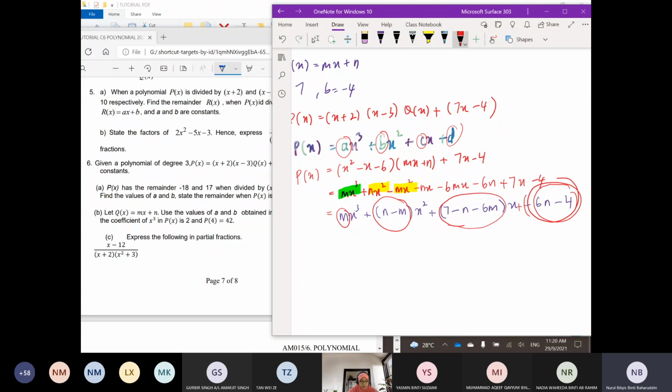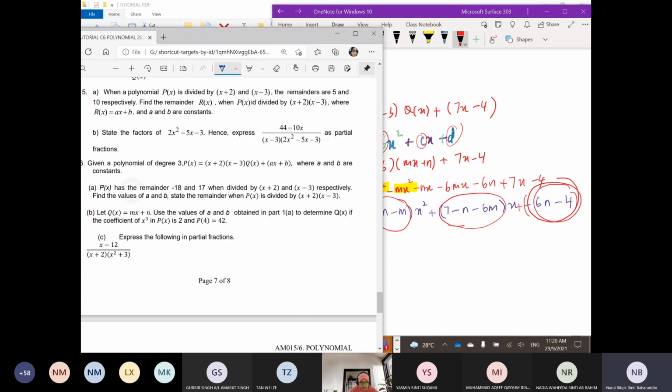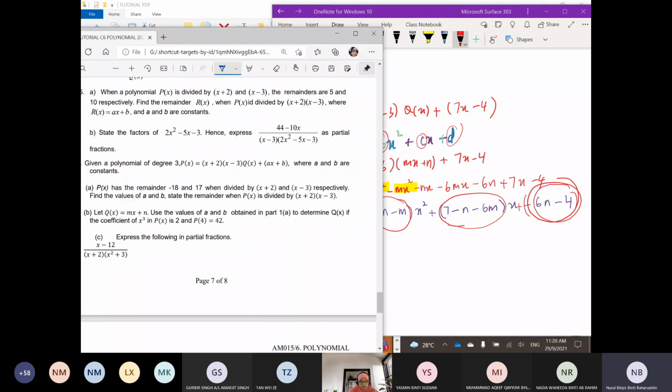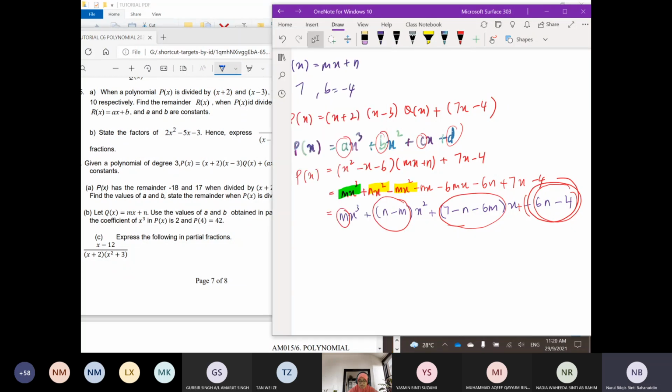Here it already states that the coefficient of x cubed in P(x) is 2. Already mentioned that the coefficient of x cubed is 2, means that your m is 2.